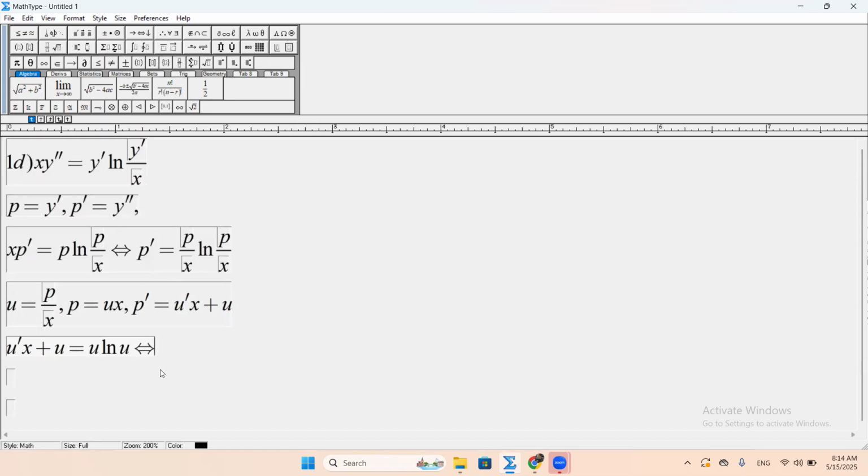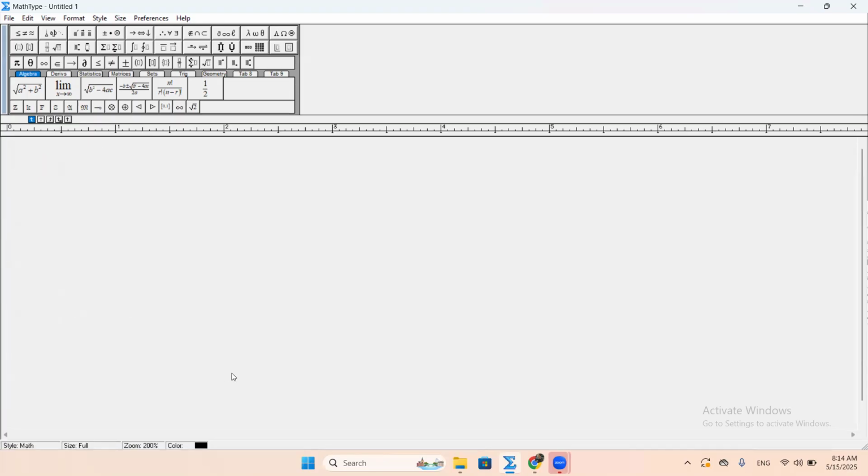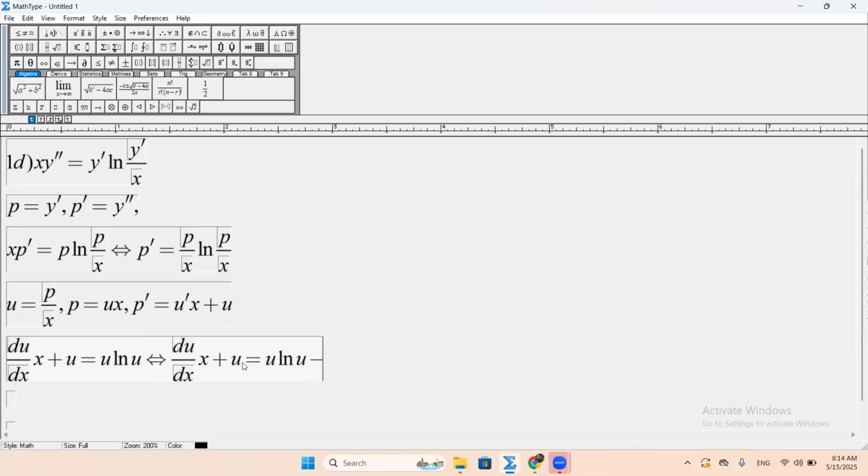So now we have received the equation with separable variables. Let us separate the variables and integrate. First of all, let us move u into the right part.